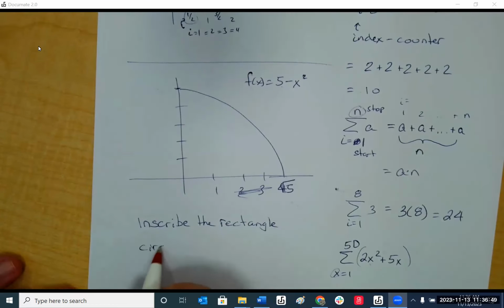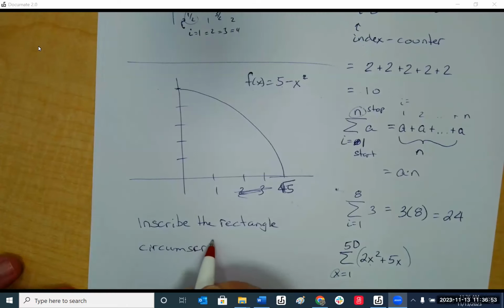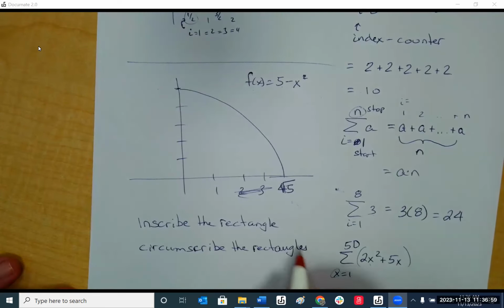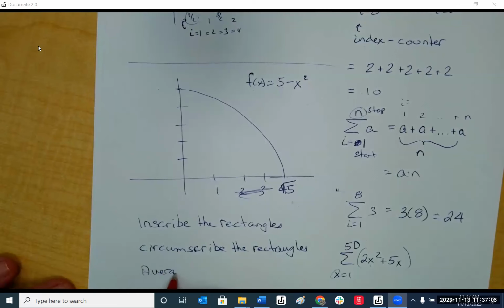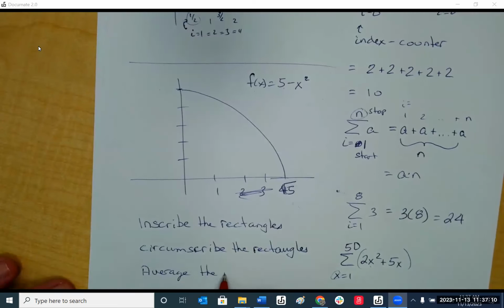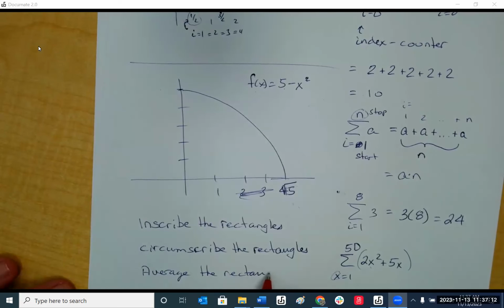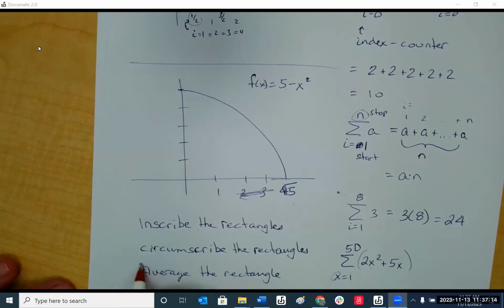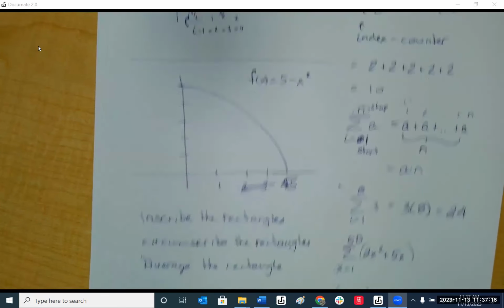We can circumscribe the rectangles. Or we can average them. And I'm using average pretty loosely here.